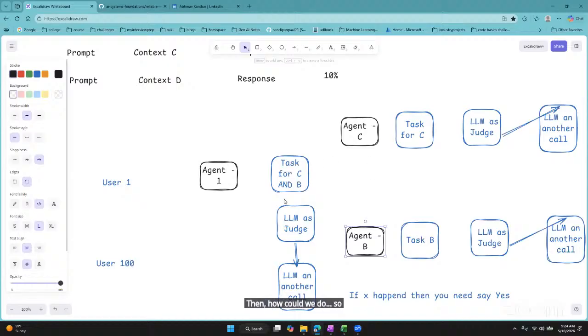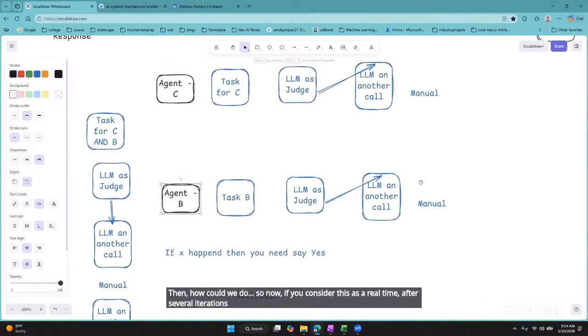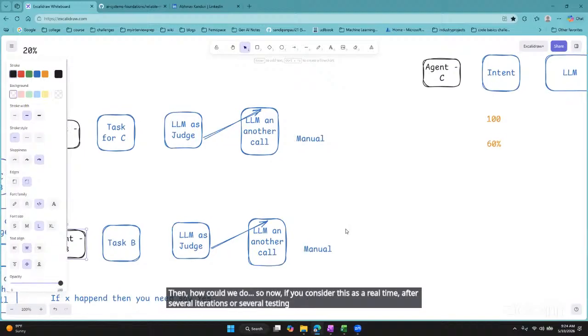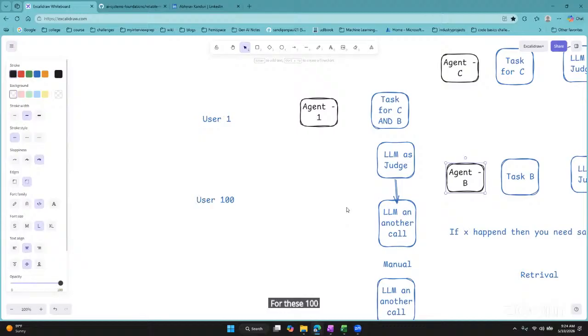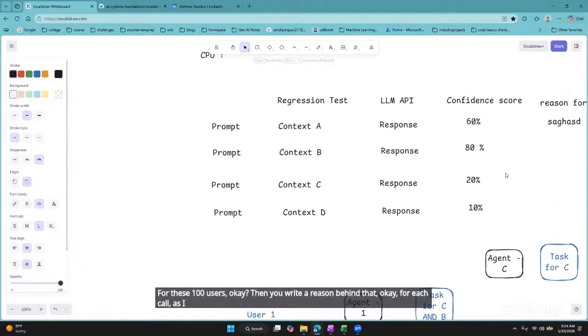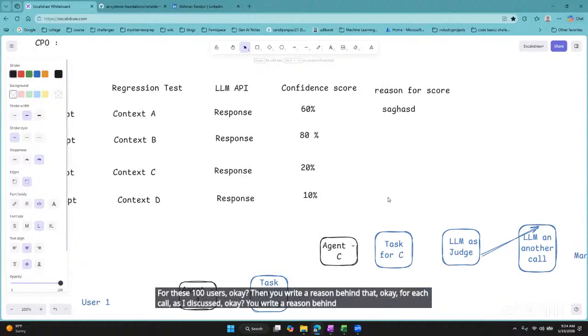Now if you consider this as real time, after several iterations or testing scenarios, after observing multiple regression tests and user behavior for these 100 users, then you write a reason behind each call, as I discussed, why it is doing that.